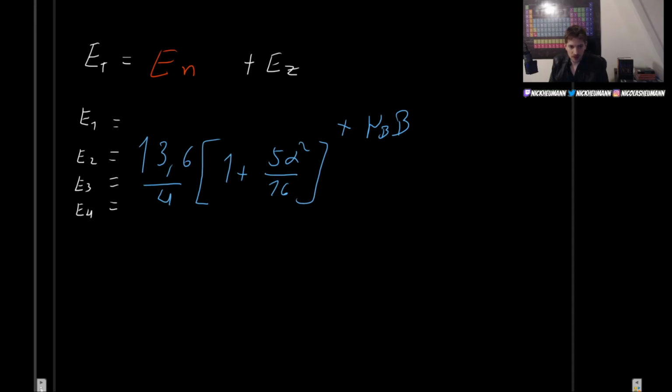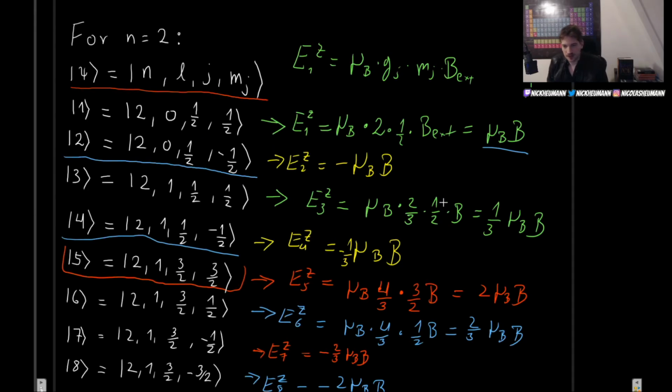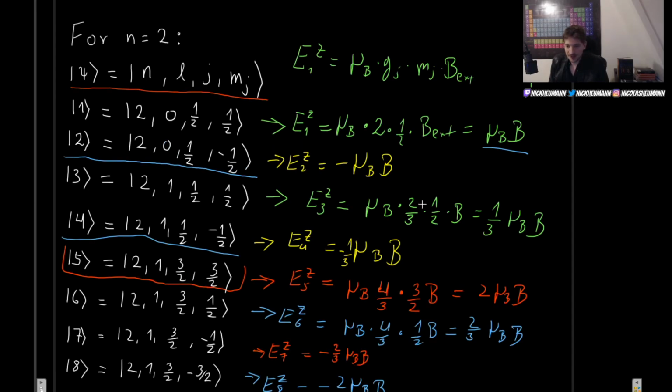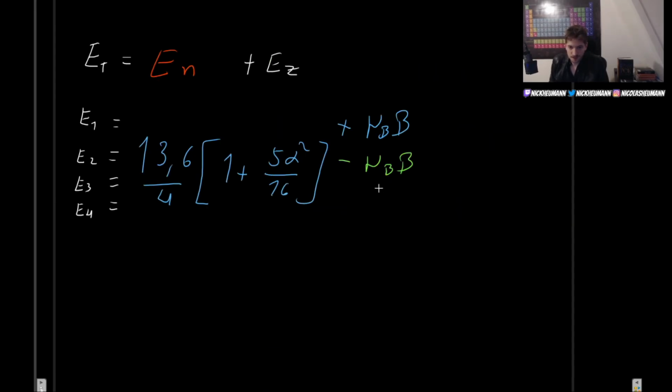It was this. Yeah, it was this. So the energy of the second state is minus mu B times B. So basically the same thing, but with a minus sign. So minus mu B, B. The third state is 1/3. So plus 1/3. And then we get minus 1/3.